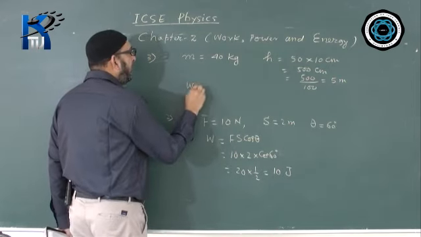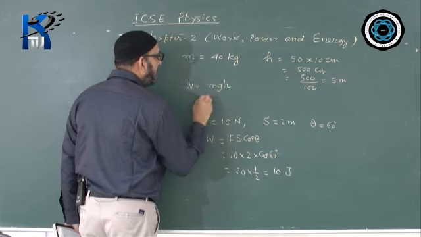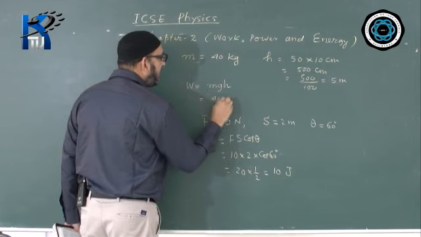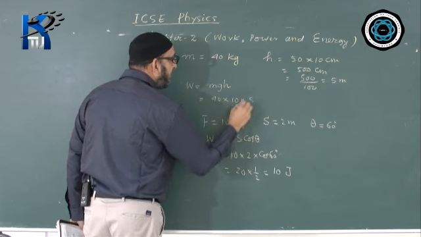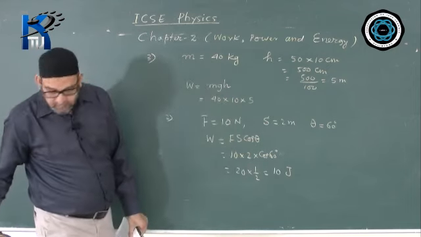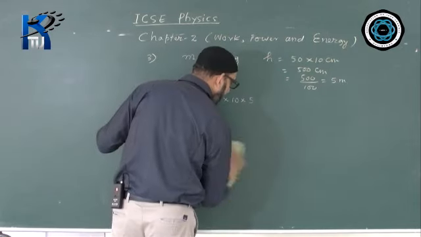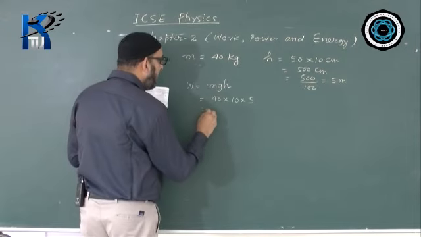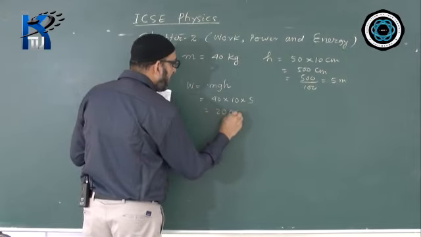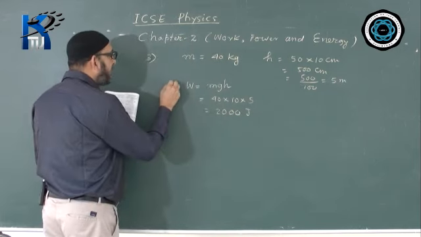Now, we have height given and we are finding work. So, W is equal to mgh, mass is 40, the value of g is 10, height is 5. The answer will be 2000 joules. This is the answer of the first part.